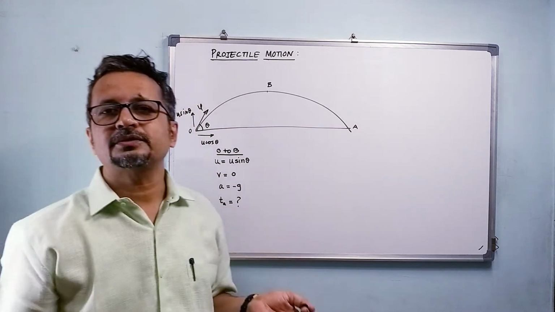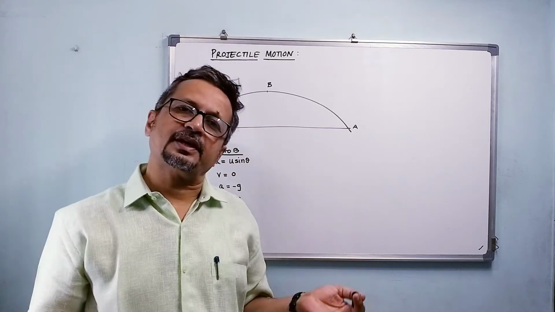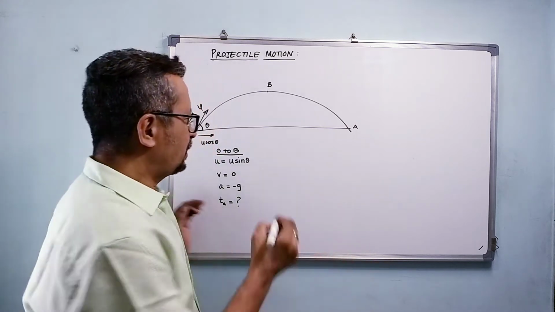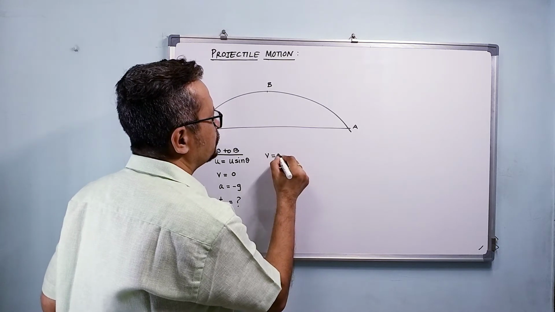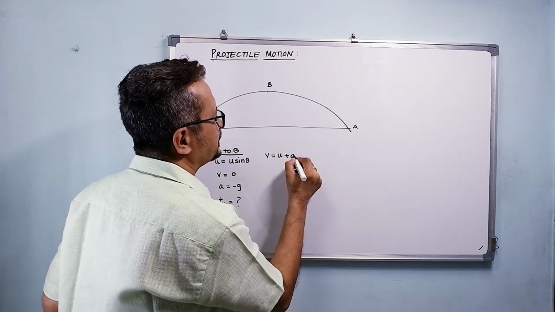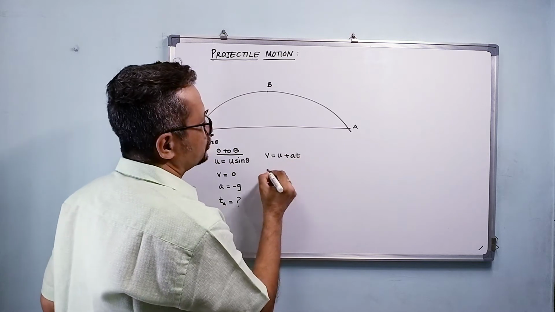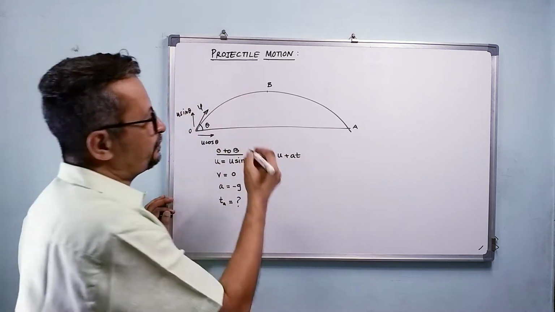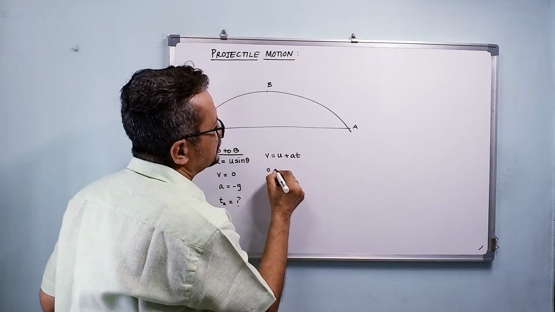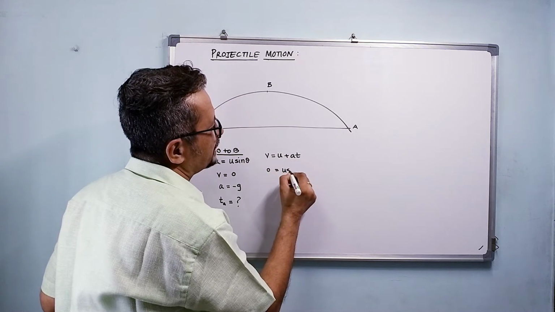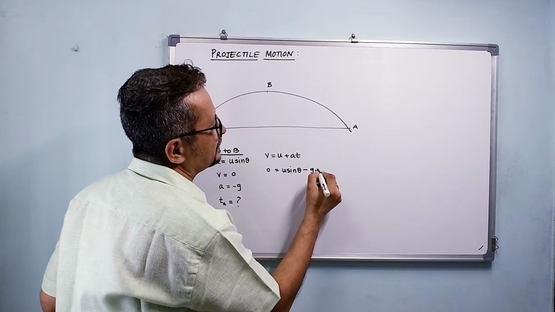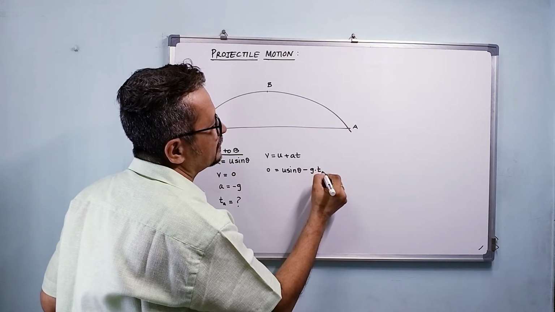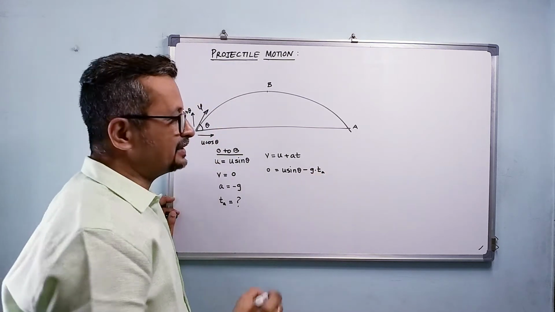Now how do we do this? We can use the first kinematical equation, very simple, which is V is equal to U plus AT, correct? So my final velocity at point B, which is 0, is equal to U, which is U sin theta, minus G into T A, that is T, time of ascent.